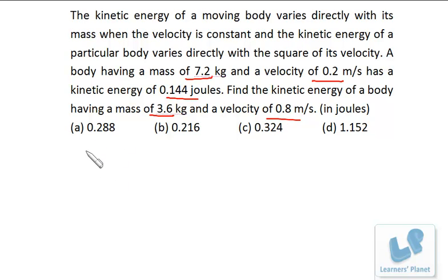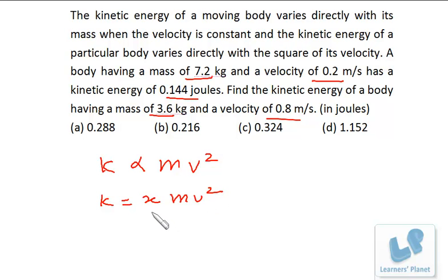Let's assume the kinetic energy to be K. Now K is proportional to its mass, let it be m, and to the square of its velocity, that is v square. That means K is proportional to mv square, so K is equal to x m v square, where x is a constant.